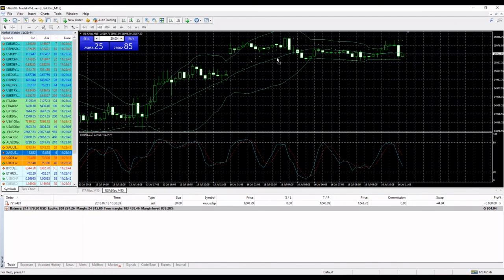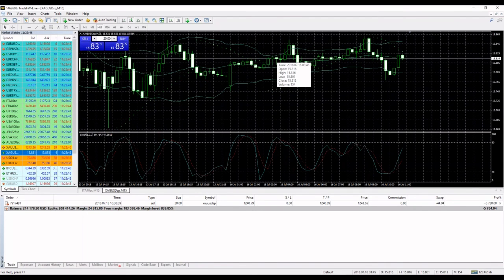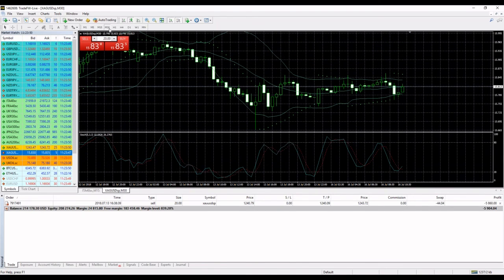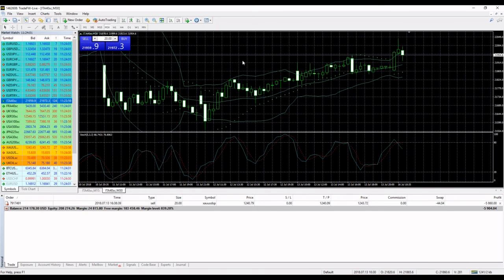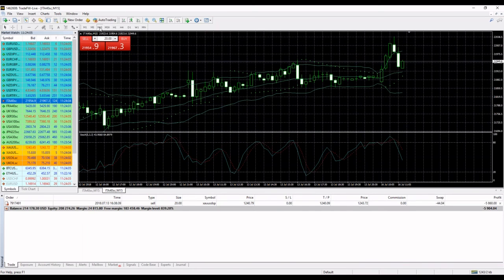Our silver looks interesting. Okay. Let's see if we still can do something with our Italy 40 or with DAX position.